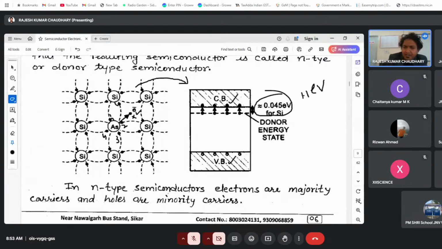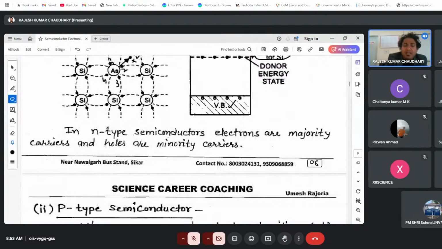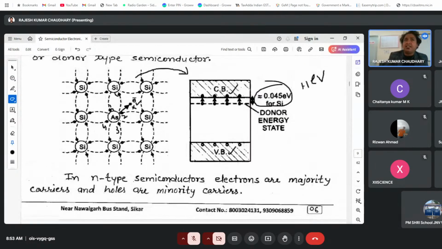Electrons can easily jump from where to where? Valence band to conduction band. So in this way, an n-type semiconductor has a large number of electrons, and because they are in large number, they are called majority charge carriers.